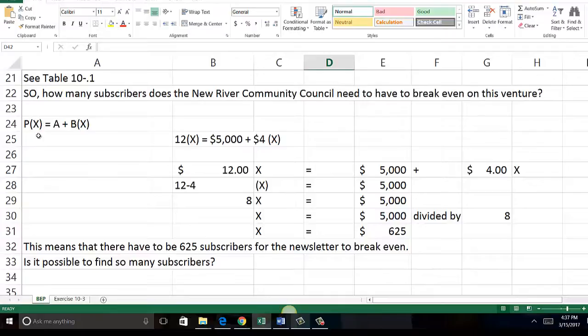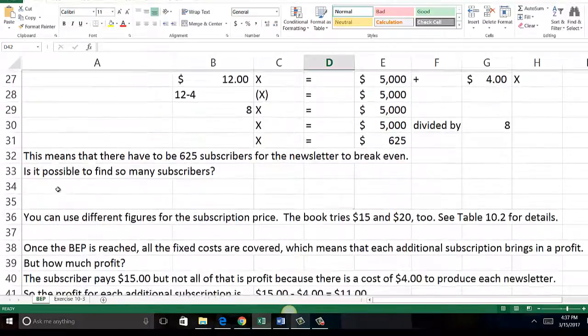Suppose you already knew the number of units that you were going to produce, then you could solve for the price. So how much should we charge? We have 1,000 bed nights that we could do, or we have 100 slots in our benefit dinner. How much should we charge in order to make the amount of profit that we want?